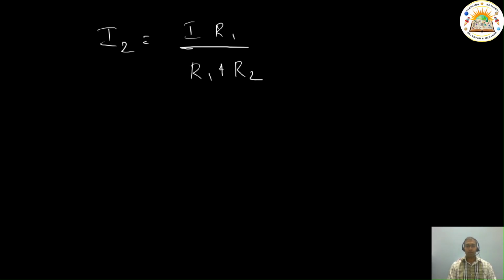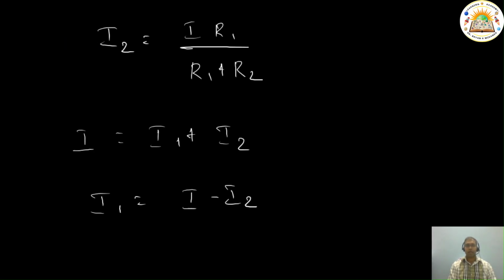So this is I2. Now since I have I is equal to I1 plus I2, I1 I can take as I minus I2. So that is nothing but I1 is equal to I minus I2, where I2 was I R1 by R1 plus R2.